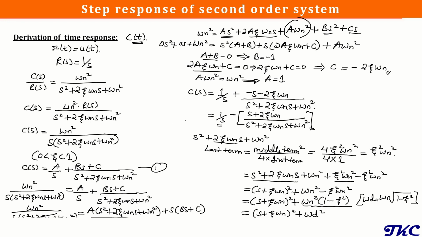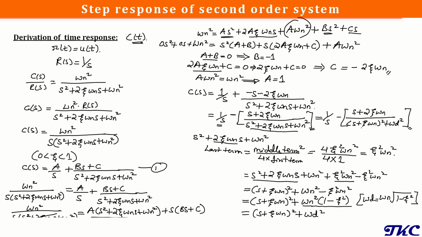Now let's rewrite this output expression using this value as the denominator instead of this value. So it will be equal to 1 by S minus, in bracket, the numerator will be as it is, that is S plus 2 zeta omega n divided by, now in place of this denominator we will write this as the denominator, so it will be S plus zeta omega n the whole square plus omega d square, bracket closed.